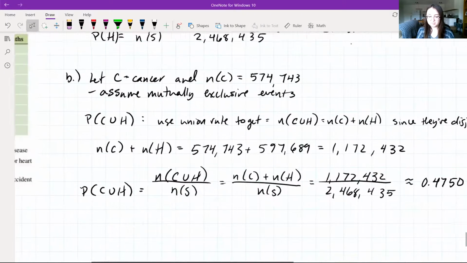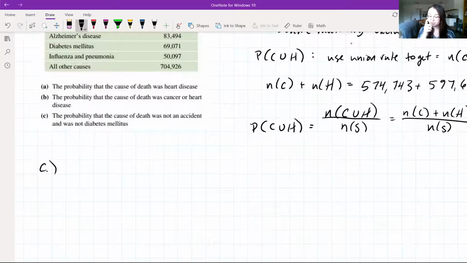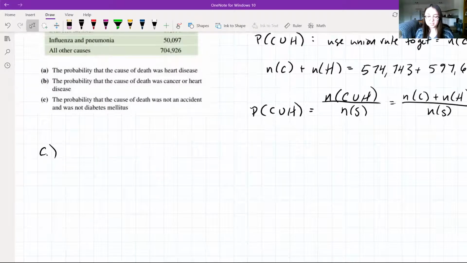All right, so last question, part C, which let's bring down here. We have the probability that the cause of death was not an accident and not diabetes mellitus.